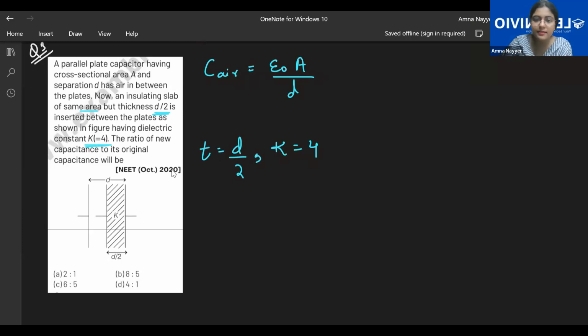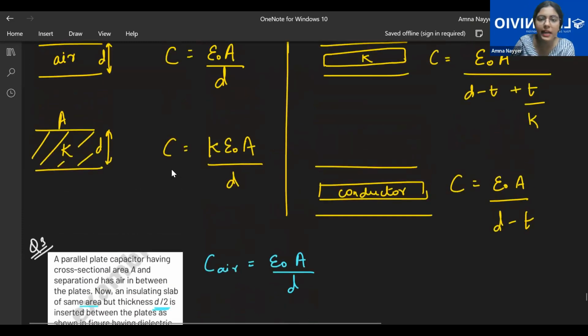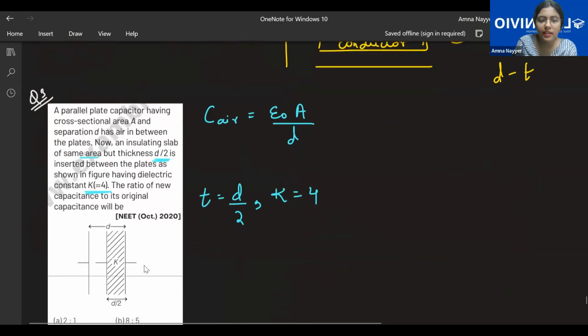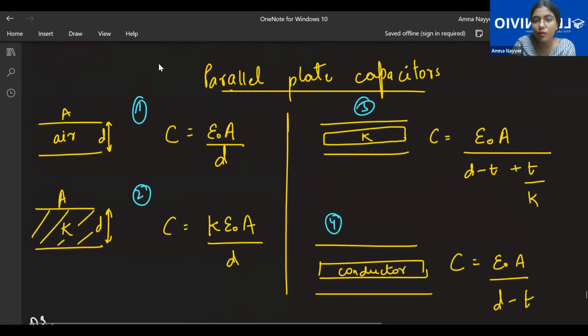Which case is this? Which formula will be applied out of all these? Let's say this is 1, 2, 3, and 4. In the first case, air is there. For this case, out of all the four formulas, which one should be applied? At least formula usage you should know. Yeah, Jasleen.